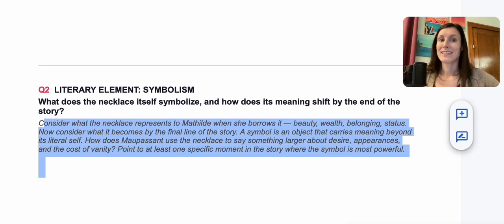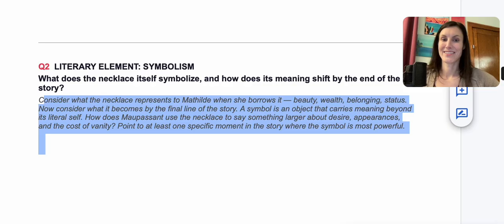So the necklace in the beginning represents the facade of wealth and beauty, belonging, however you want, jumping your social circle. And then when the necklace is lost, it represents the dangers of faking your net worth.